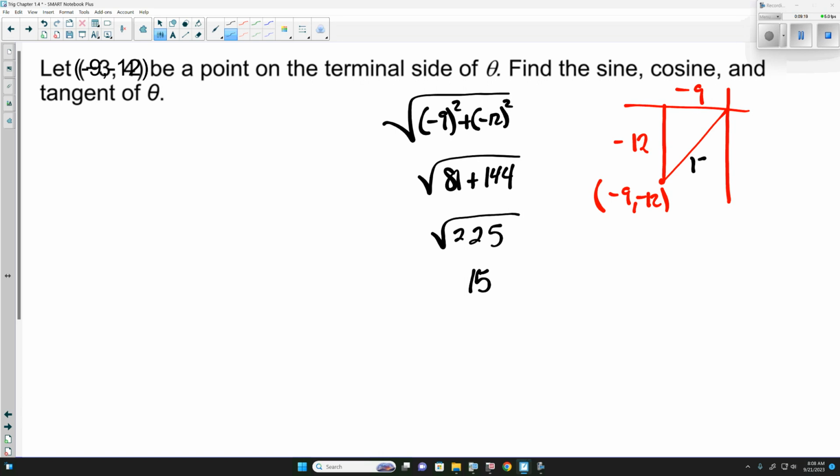Now the hypotenuse will always be positive, because the hypotenuse, the r value, is a distance, so it's going to be positive. And it is 15 because 9 and 12 are multiples of 3 and 4. 3 times 3 is 9, 3 times 4 is 12, and 5 times 3 is 15.